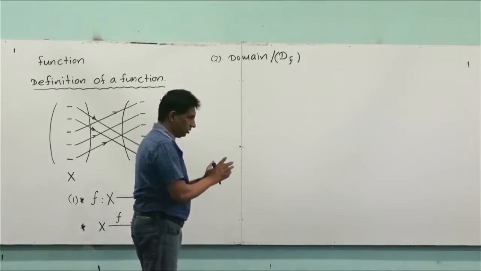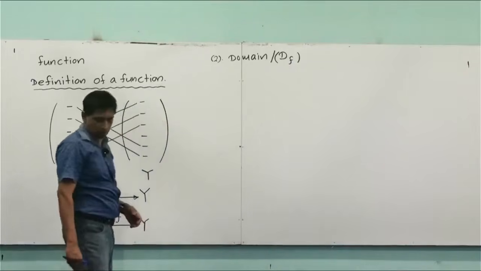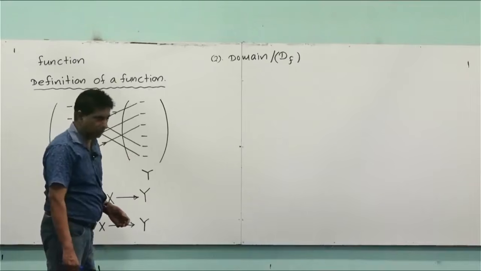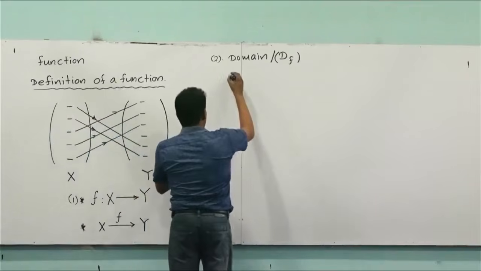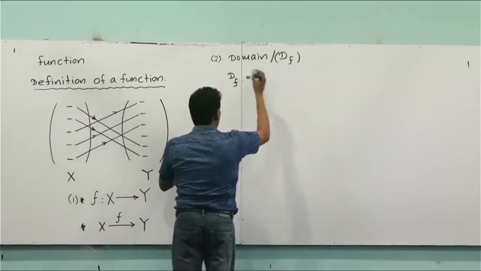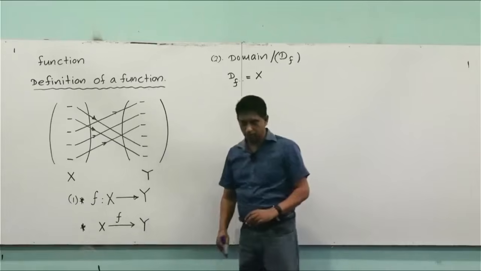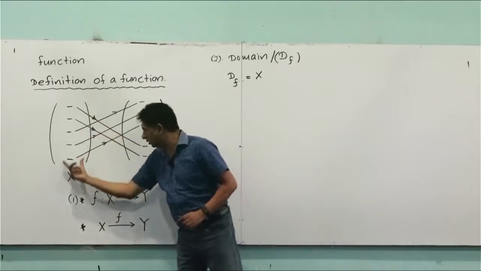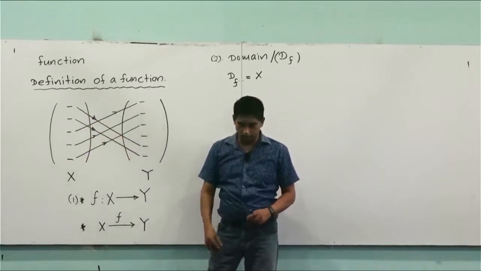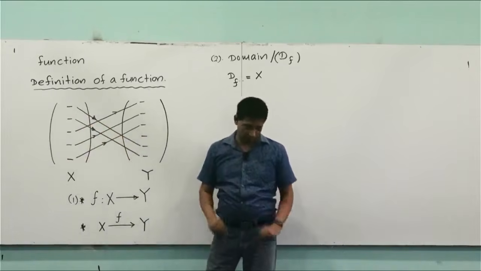Then what is the definition of domain? The symbol of domain is D f. Domain means capital X set, right? Then this set is named as domain, right? Otherwise, the first set is domain, right?